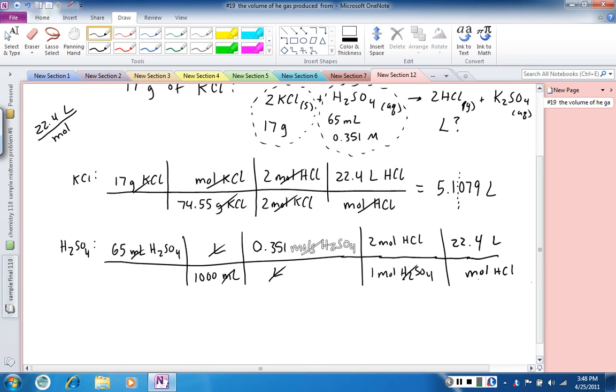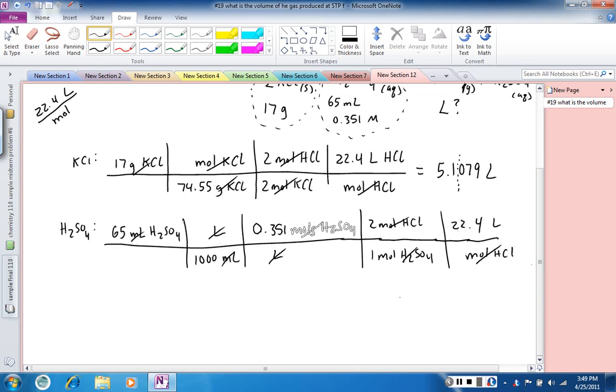We're going towards a gas. This one works out to be 1.022 liters. We have 2 sig figs here as well.